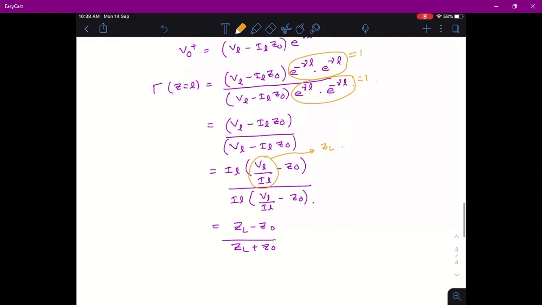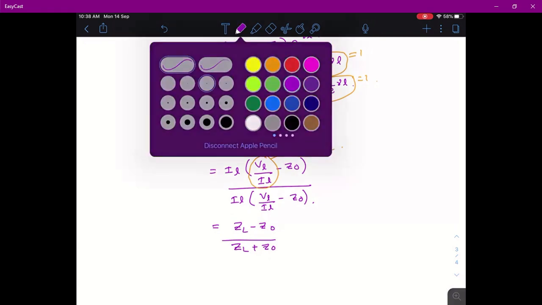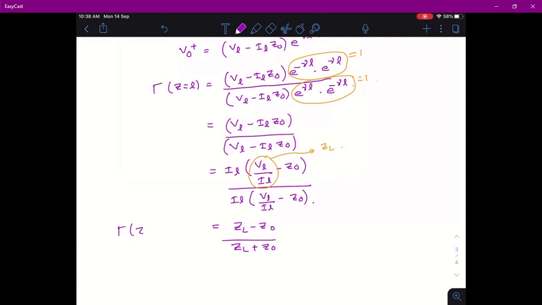Okay. So, our reflection coefficient at the load, which is tau of Z equal to L, or it is represented as tau suffix capital L, is the ratio of the difference of load and characteristic impedance to that of the sum of load and characteristic impedance.